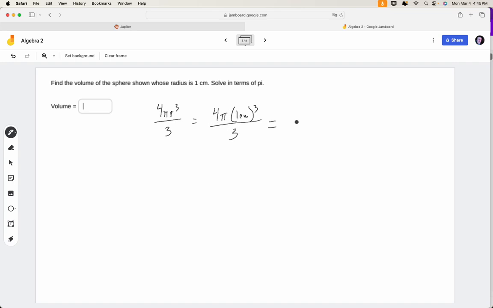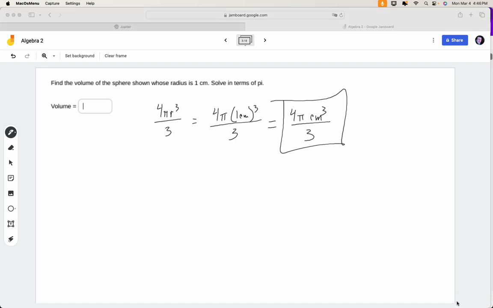So 4 times 1 is 4. So 4 pi centimeters cubed over 3. That should be the answer. Let me double check. All right, so it wants it like this. 4 pi over 3 centimeters cubed.